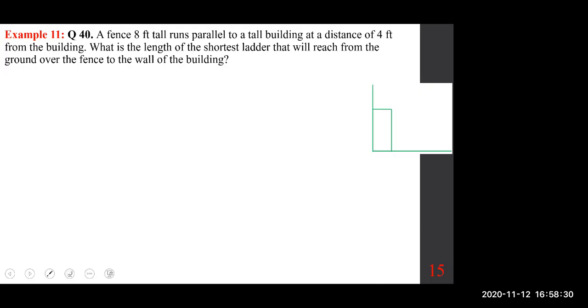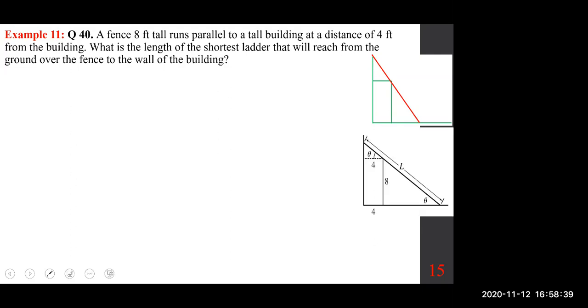So this is what we have. This is the situation, class. Take a look at this. That's the length. I hope you are following what's happened. The angle that it makes here is the same as here. This distance is 4 and this is 8. I hope you see where we get those numbers from.